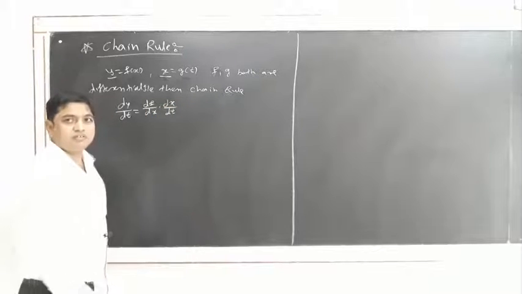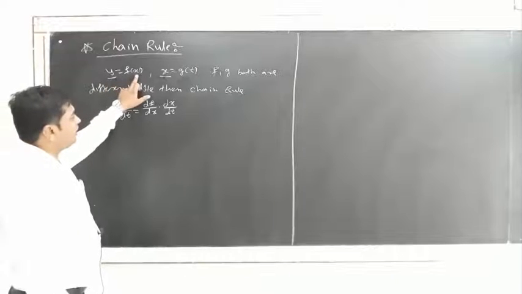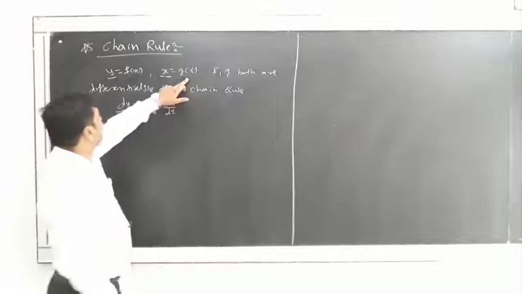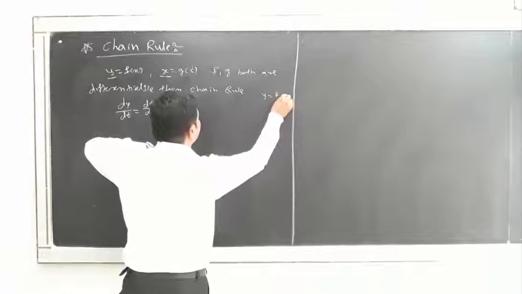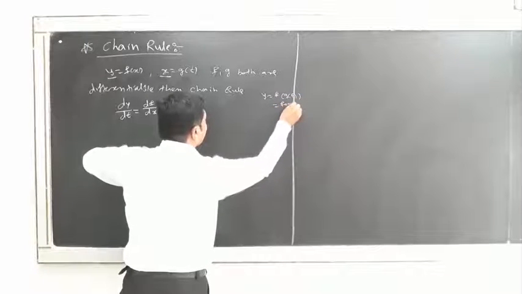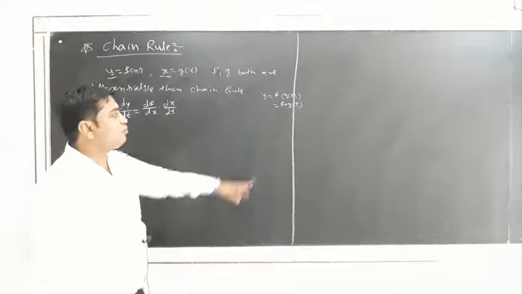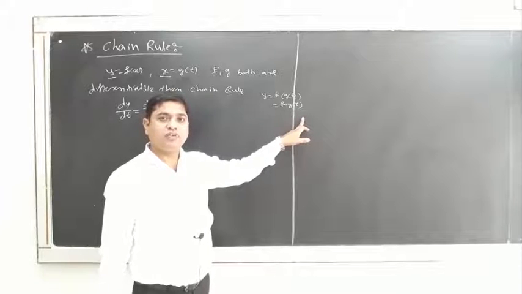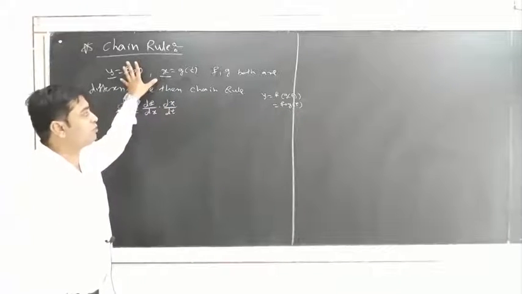That is, here y is a function of x and x is a function of t, so y is a function f of g of t. That means it is a composite function. y is a composite function of t, that is, y is a function of t. Here both the functions are differentiable.